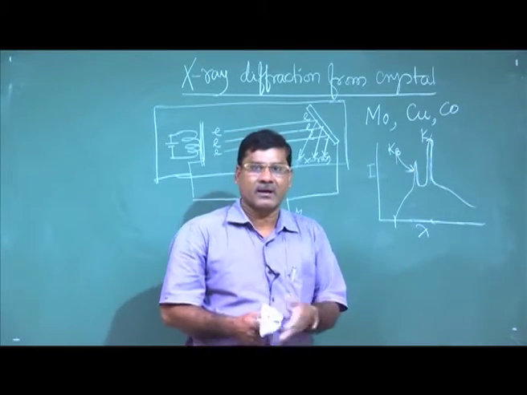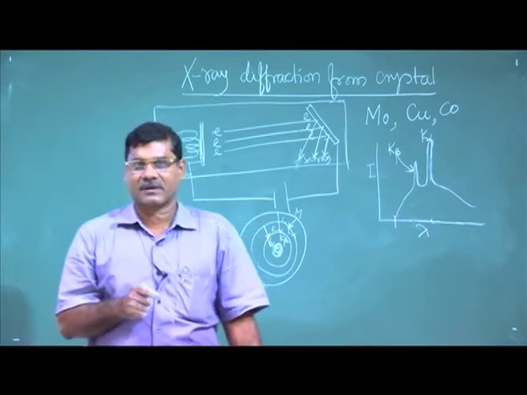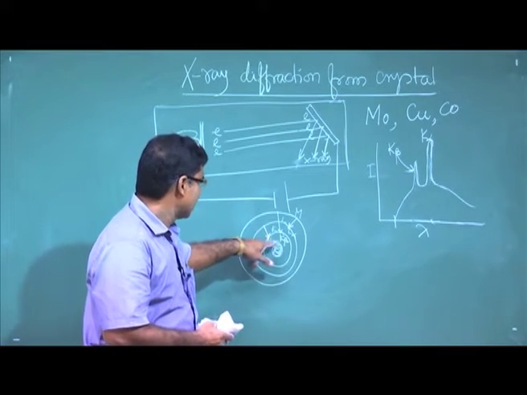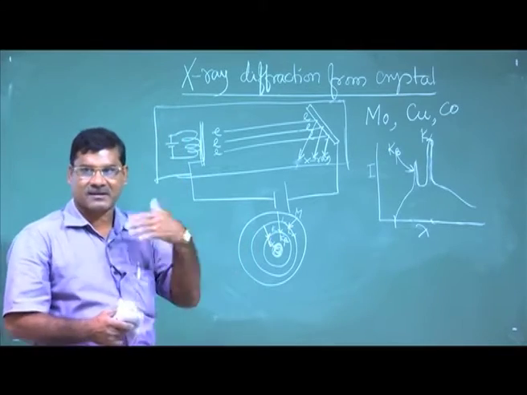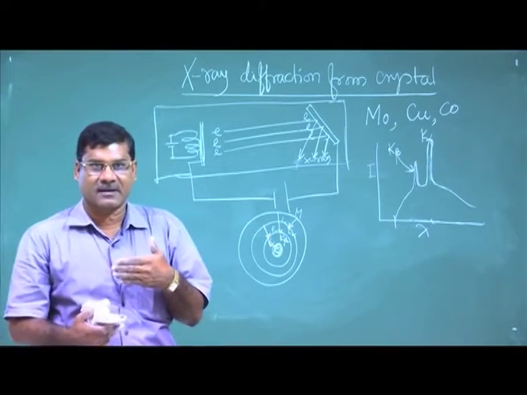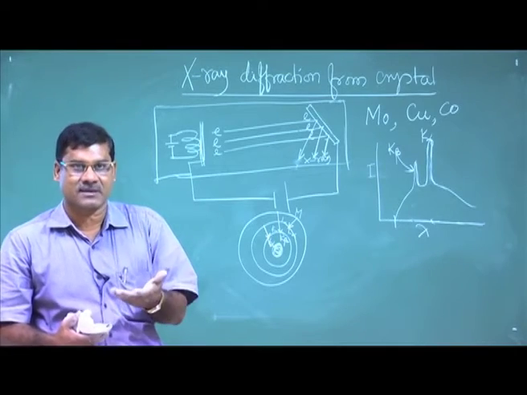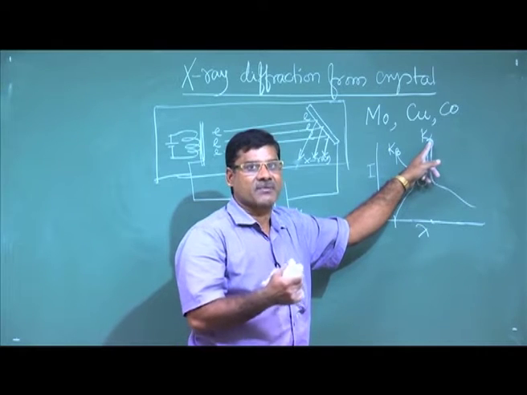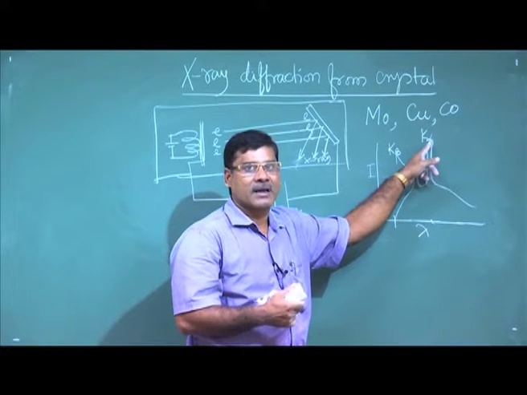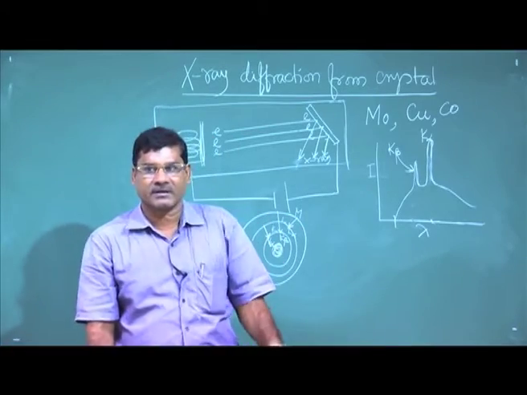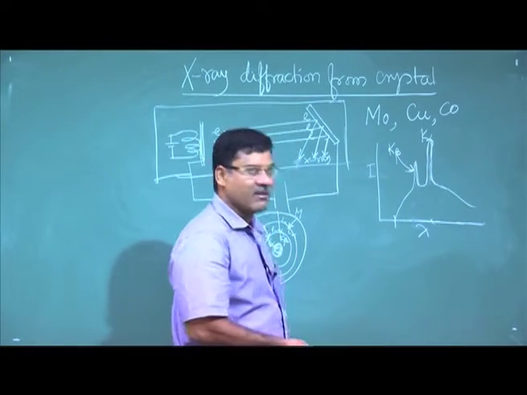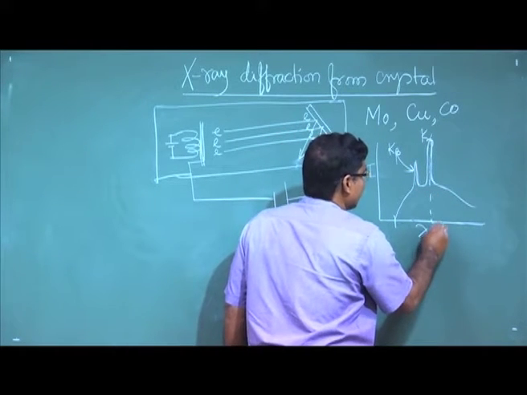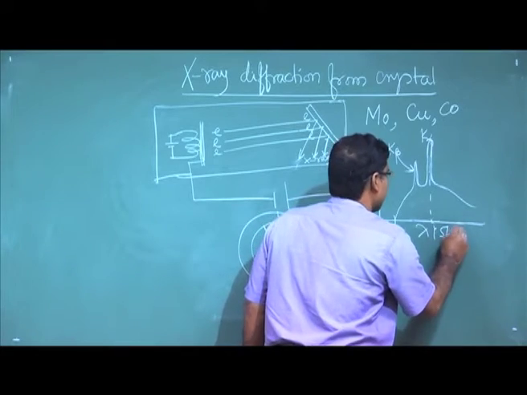Copper K alpha again has two components, K alpha 1 and K alpha 2, because the shell is subdivided into subshells. So there is some minor change of energy, but for the time being just take it as K alpha. The wavelength of copper K alpha is 1.54 angstrom.